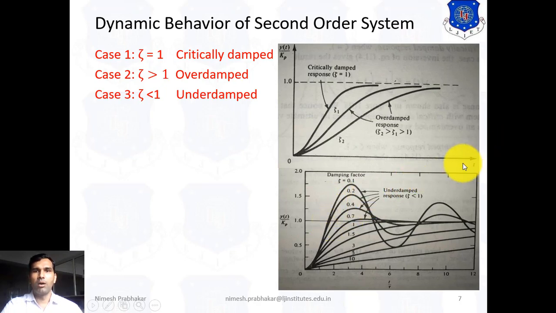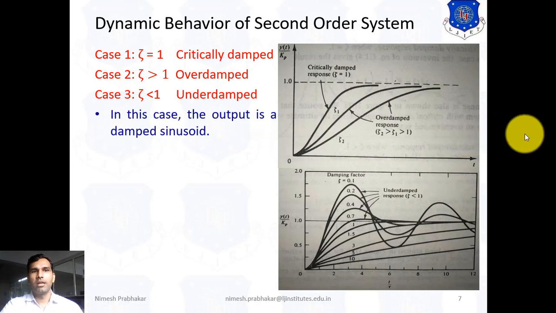Now from the graphical representation we can conclude, for the second order system dynamic behavior, that in the third case the output is a damped sinusoidal signal.